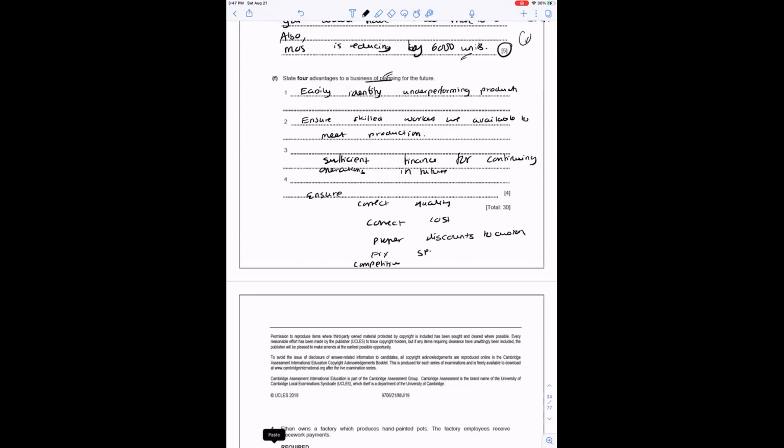Proper planning for the future also allows you to make changes for things that you are not up to mark at.